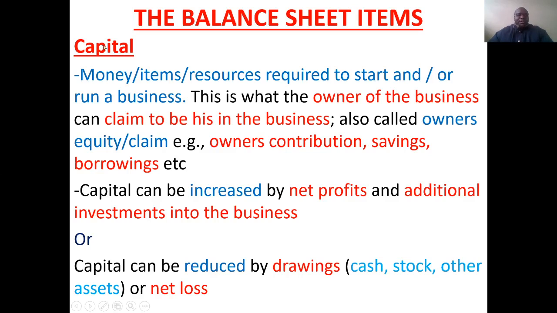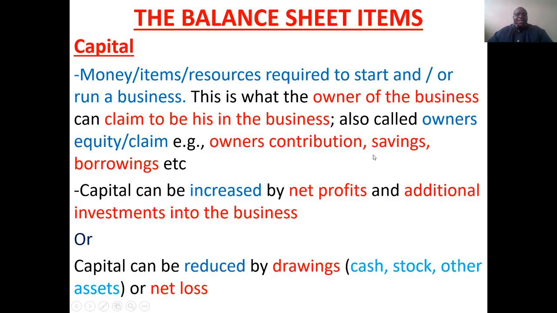Then you have capital. This is money or items or resources required to start and or run a business. This is what the owner of the business can claim to be his in the business. It is also called owner's equity or claim. For example, owner's contribution makes up capital.